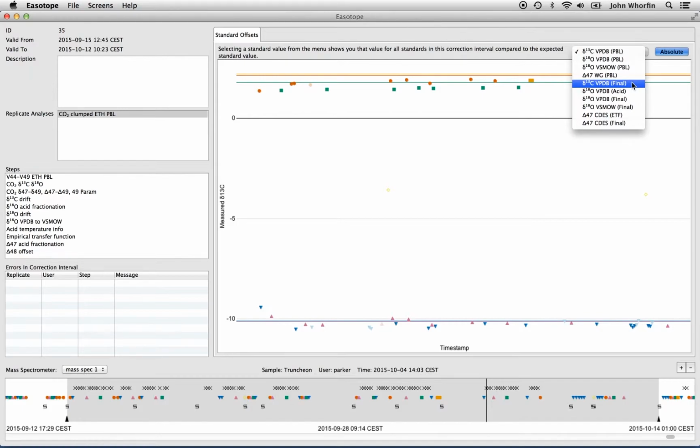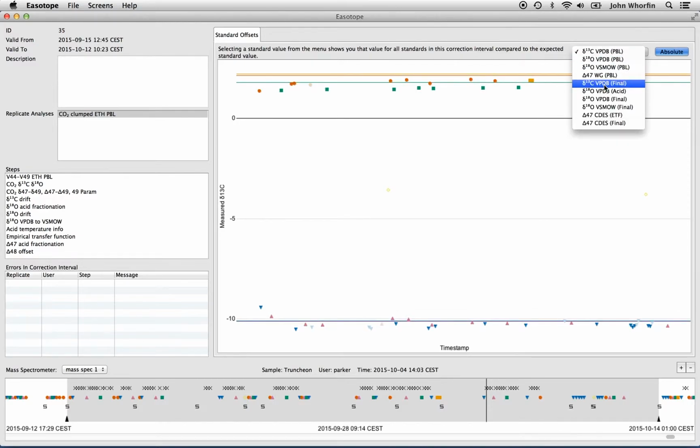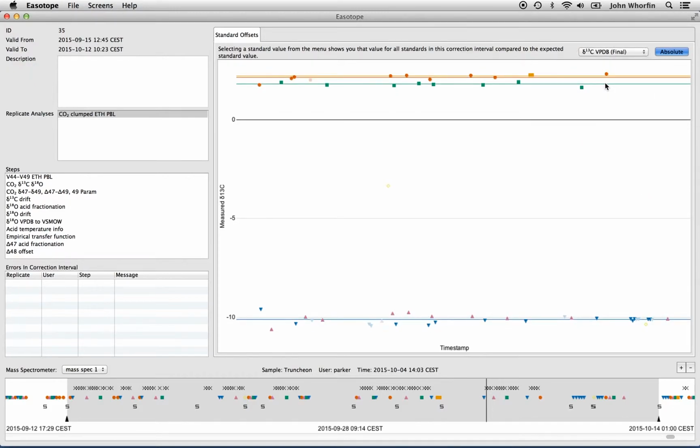This is the final value after all corrections, which means that this already includes the drift correction, whereas this one didn't. So if I select this value to look at, you see that the greens have all popped up and are now very close to the line. So we've sort of watched an animation of the drift correction happening for all the standards in this correction interval.